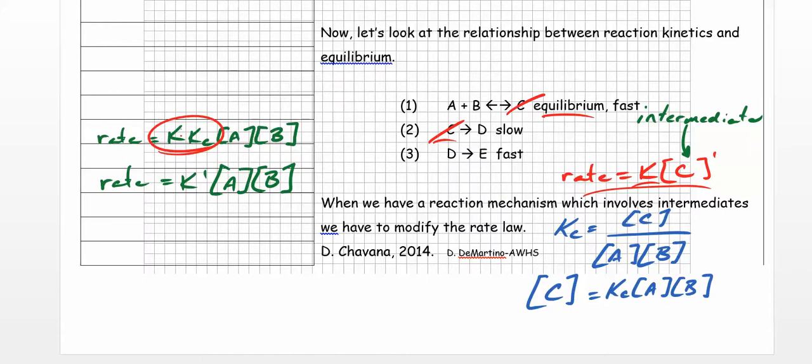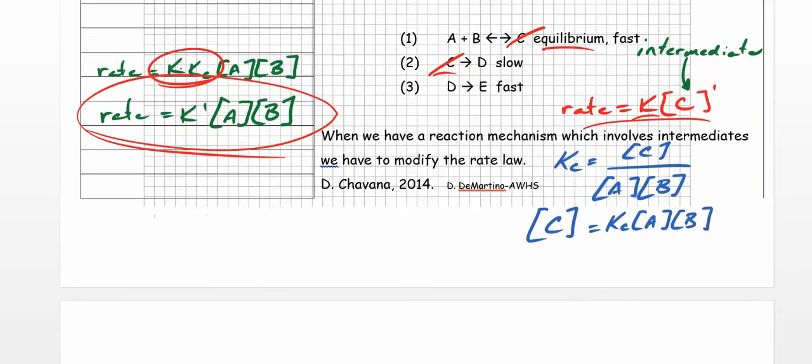So in the final rate law, we'll write it as rate is equal to K prime times the concentration of A times the concentration of B, and that is the rate law that we'll use. Okay? All right. Let's go to a problem with some real chemicals in it.